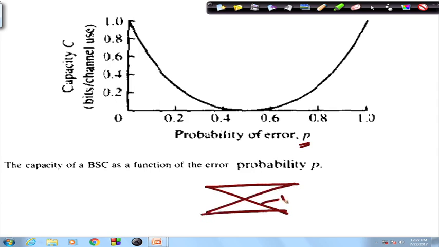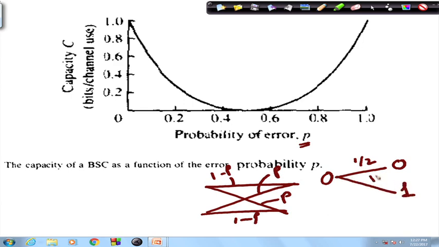So, probability of making an error is P, probability of being correct is 1 minus P. So, a 0 remaining a 0 with 50% probability and a 0 becoming a 1 with 50% probability, right. That means, when I receive a 0, there is a 50-50 chance that a 0 was sent. In that case it is equiprobable whether a 0 was sent or a 1 was sent. So, I would make no special decision if I choose a 0 or a 1, right. So, that is the worst possible scenario.